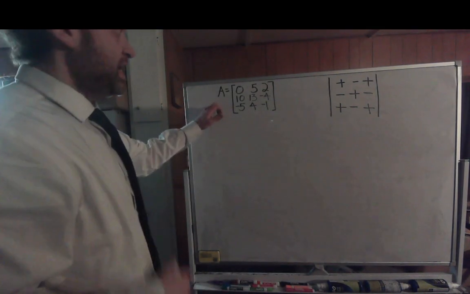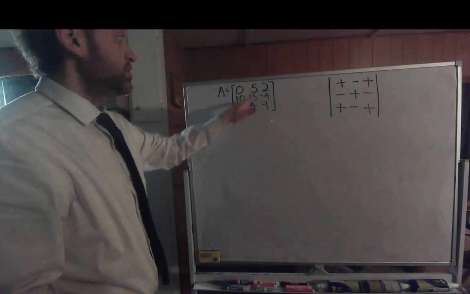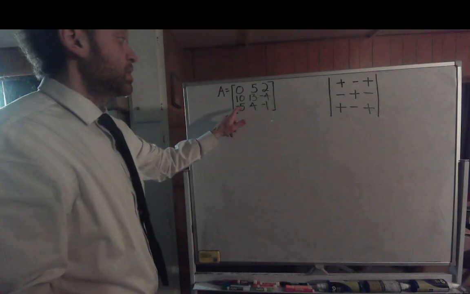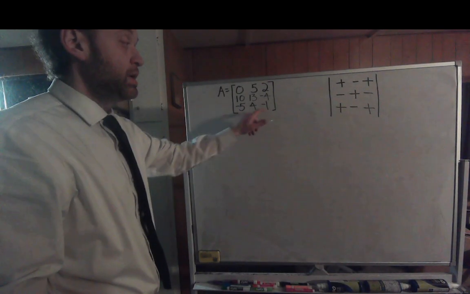Alright, so matrix A has entries 0, 5, 2, 10, 13, negative 4, negative 5, 4, negative 1.